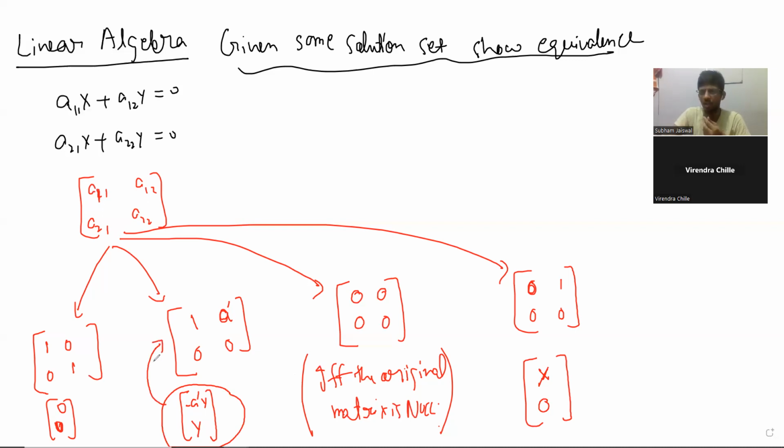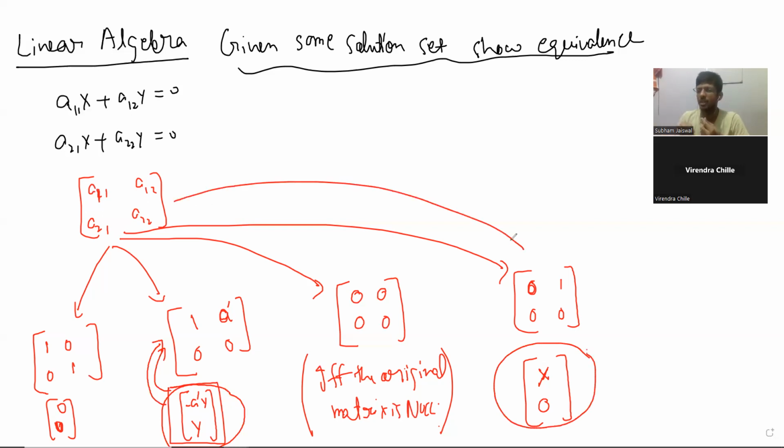Sorry, I mean you are getting a unique equivalent form, right? If the solution is this, it means that the system is equivalent to this, right? So if the solution set is given, then you can tell what is the equivalence class of that system.